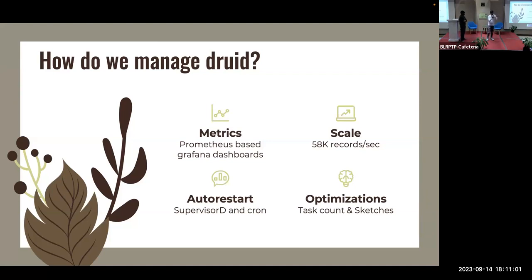On task count, because we are dealing with Kafka ingestions, your traditional practice for any distributed system that reads data from Kafka is to have your task nodes equal to the number of partitions of the topic that you're reading. But through benchmarking, we observed that for our use case, that was not needed.